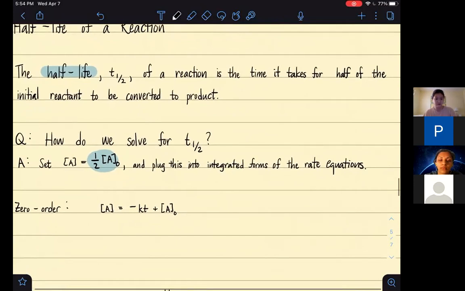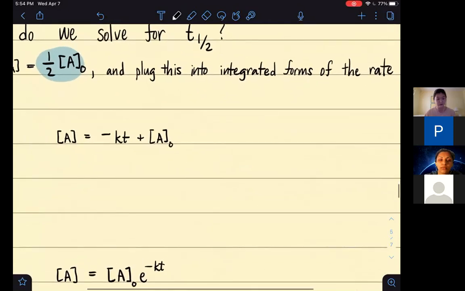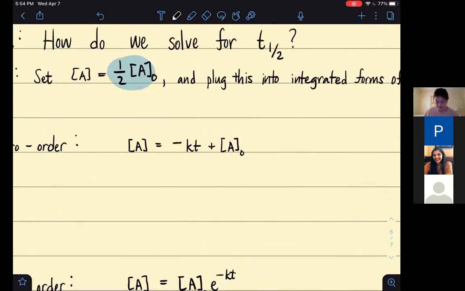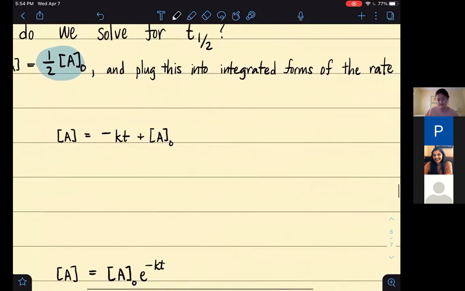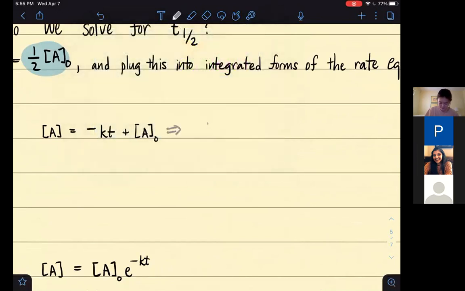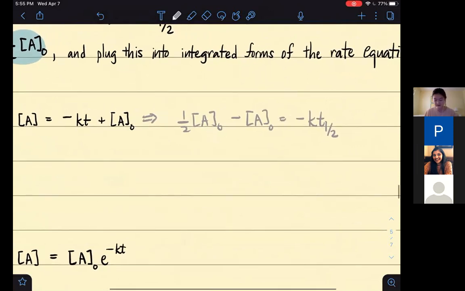So if you remember, a 0 order reaction has this term. So we plug in the concentration of A to be half of the initial concentration. So that should look like this. So 1/2 of the initial concentration, and then minus A0. That is minus kt. And then this is the half-life because we're setting it to be half of the initial.